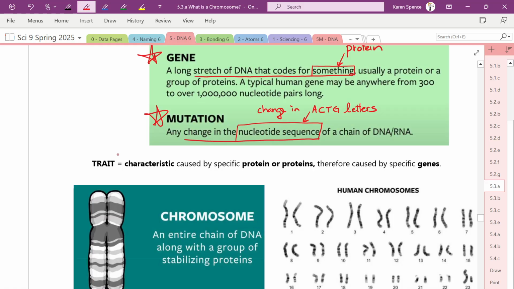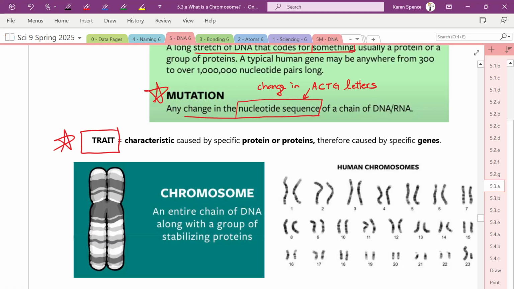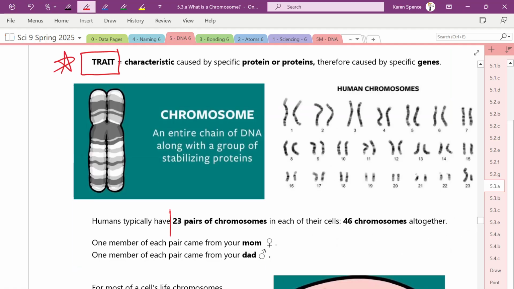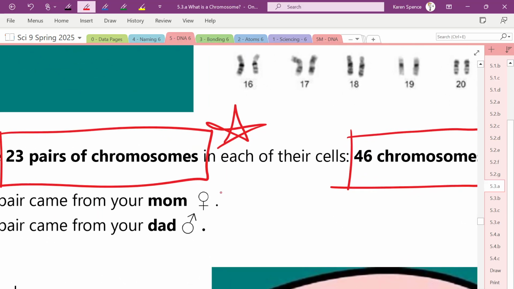You should know the term trait. I believe we already know that one, but that's okay. We'll repeat it again. You should know 23 pairs, 46 chromosomes. You should know the symbol for mom. You should know the symbol for dad.